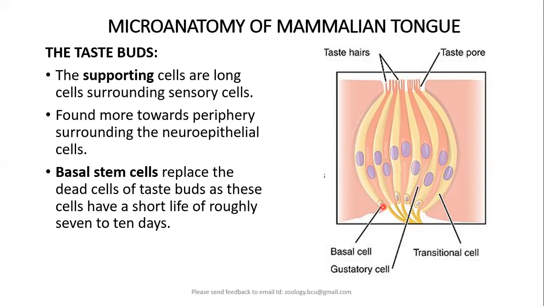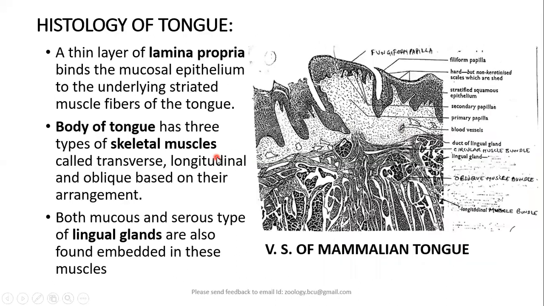Whereas the third type of cells, the basal stem cells, they replace the dead cells of the taste buds, as these cells have a very short life of roughly 7 to 10 days. So therefore, we have learned the structure of mucosal epithelium, various types of papillae, and also the taste buds.